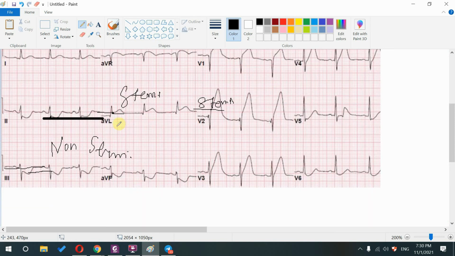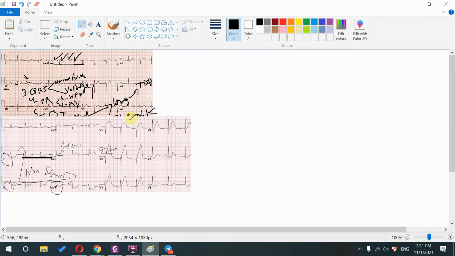Well, basically, look guys, leads 2, 3, aVF, I will tell you in the future that they represent the inferior wall of the heart. And basically they are answering a person who's having a myocardial infarction in his anterolateral wall, which you can see in the leads affected here, here, here, and also here and here. You don't have to know this now. I will be explaining it in the future, but just now trust me on this.